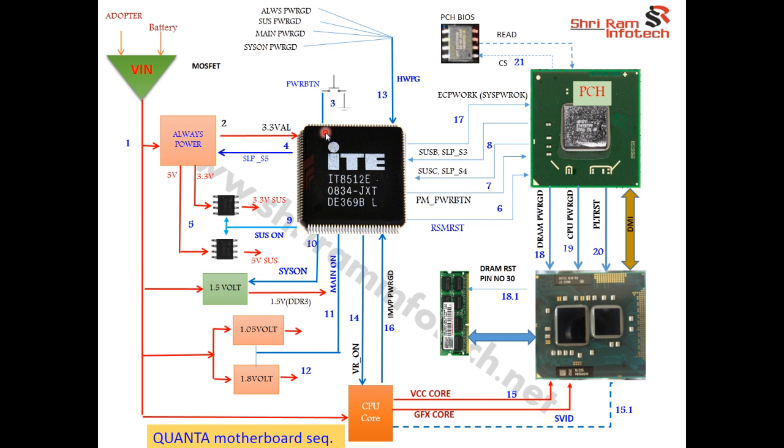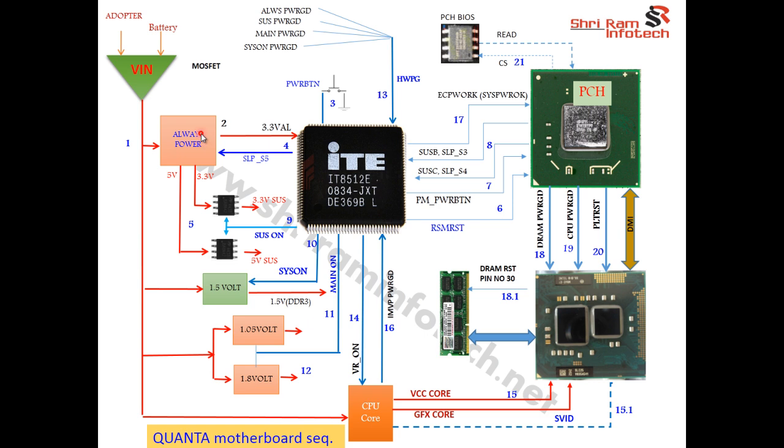Once it receives this pulse, the SIO emits one signal, called the SLP_S5 signal, at step number 4. It sends out a 3 volt signal, called sleep mode S5, and it turns on the always voltage. In the always voltage there are 4 sections: 2 linear regulators and 2 pulse width modulators.